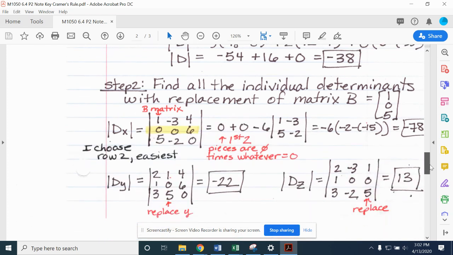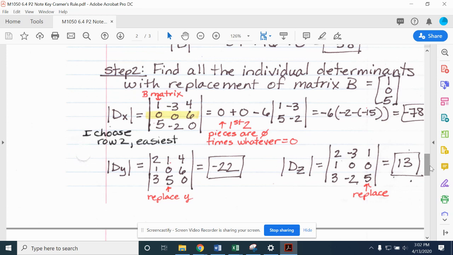And then continuing down, find all the individual determinants with replacement of the matrix B. Remember, matrix B is your total constant matrix from our original, and it had its constants of 1, 0, and 5. And then you get to choose which one you're going to do.